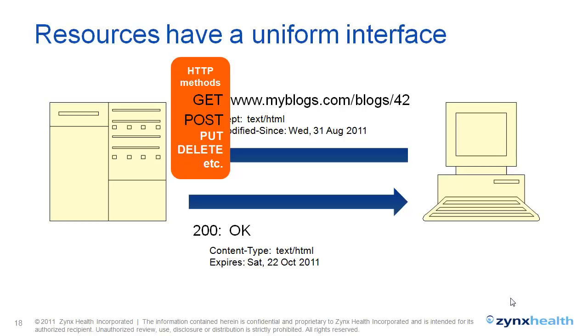This is what we call the uniform interface from the REST architectural perspective. They're a small set of operations, verbs if you will, that are supported by the web infrastructure on resources. You can get a resource, you can post a new resource, you can put a new representation in a resource, you can delete a resource.